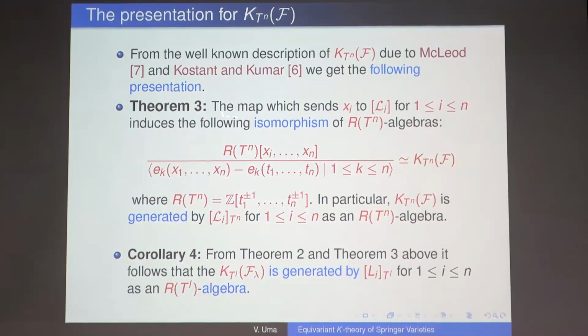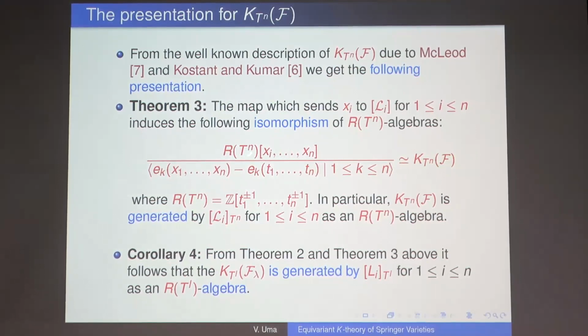This presentation will come as a result of this study of the equivariant K-ring of this full flag variety. This is the AN case. So we can describe it. A very similar presentation is known for the equivariant cohomology ring, and the same presentation we can give for the TN equivariant K-ring of the full flag variety.